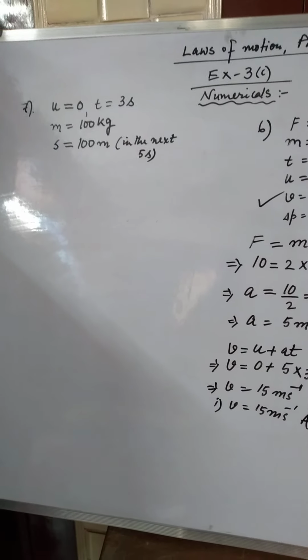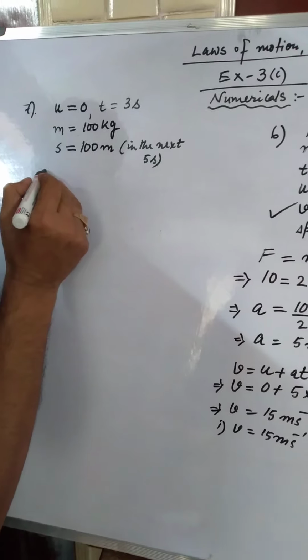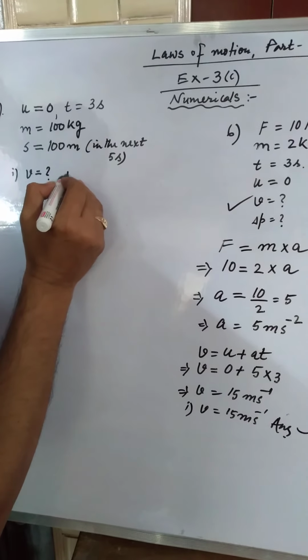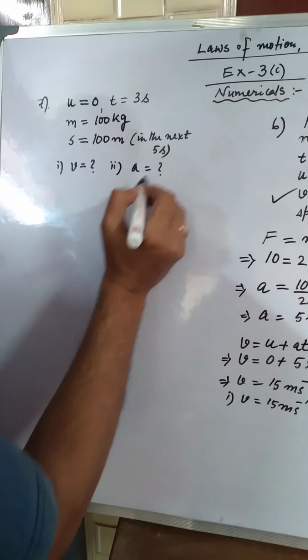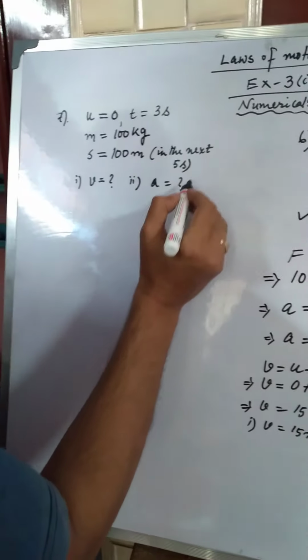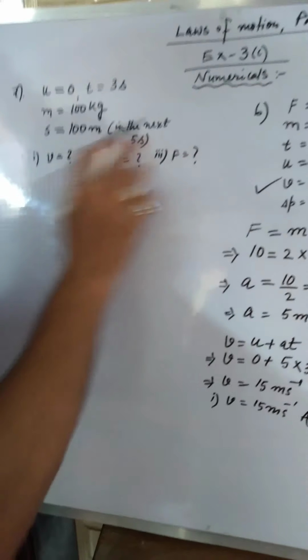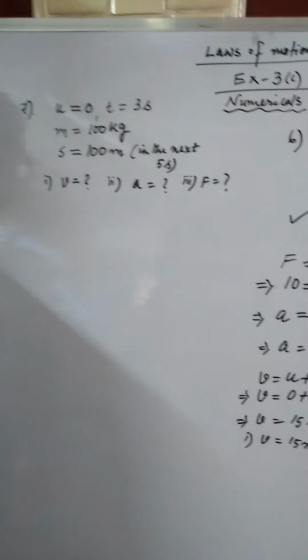This sum is also a very good one. Now you have to calculate first the velocity acquired by the body, the acceleration produced by the force, and the magnitude of the force. You have to find out these 3 from this information.